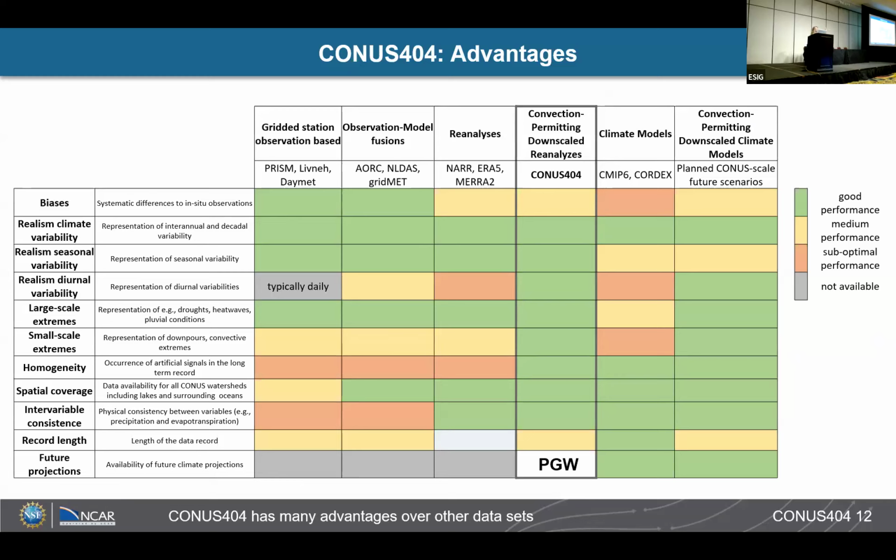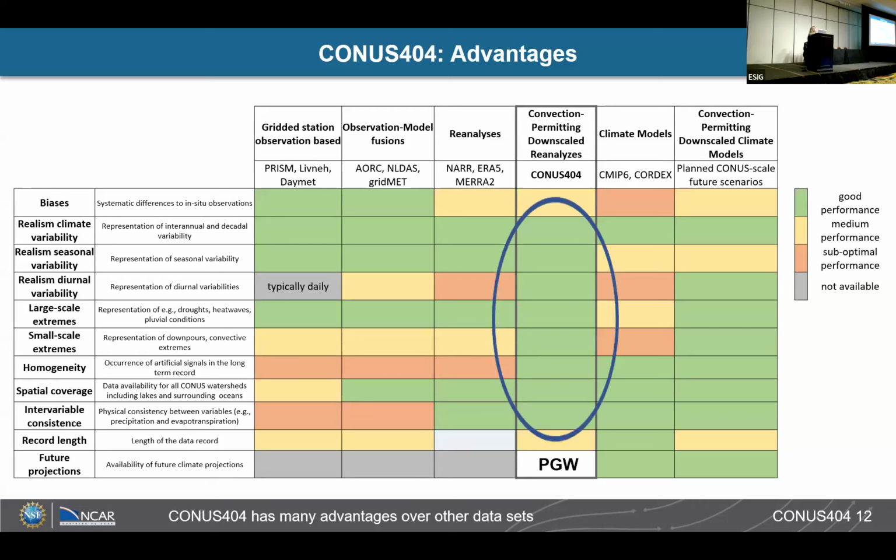On the left part of the plot are the observational data sets, and you'll see that they often have fairly long observation lengths, especially, for instance, PRISM. And when you get to climate models, they're very long, but they're very coarse.